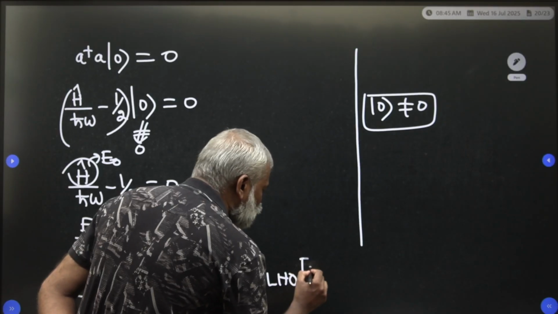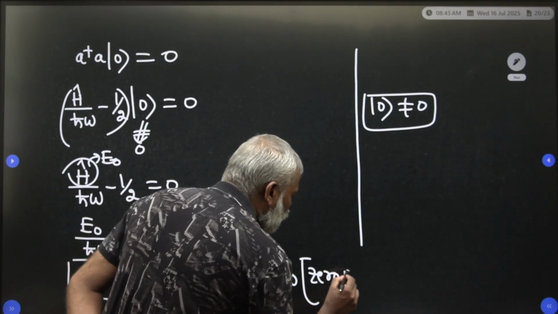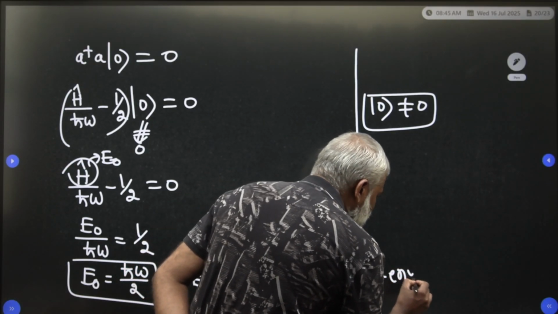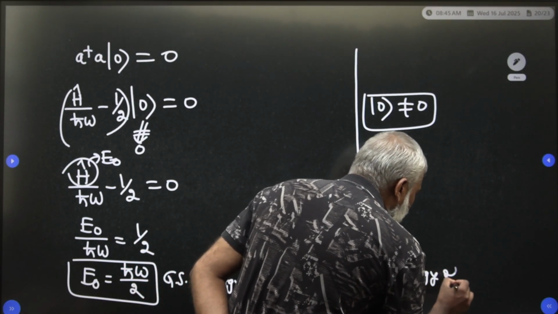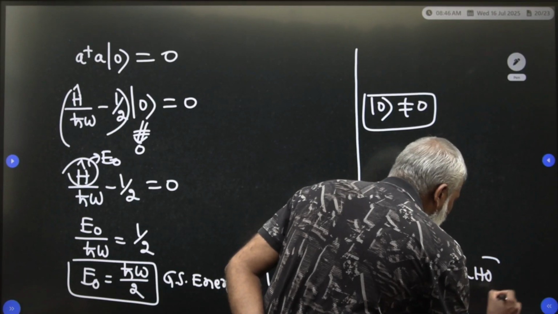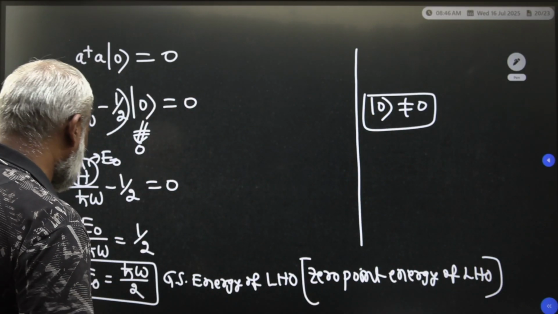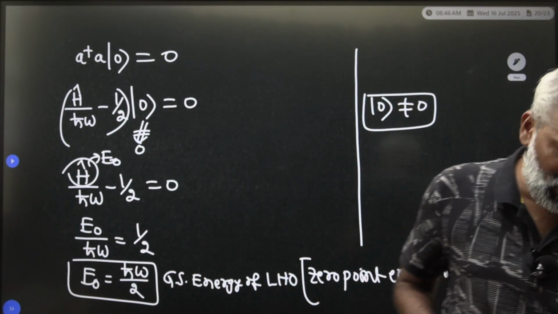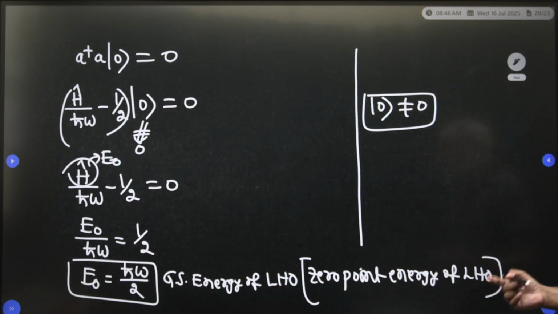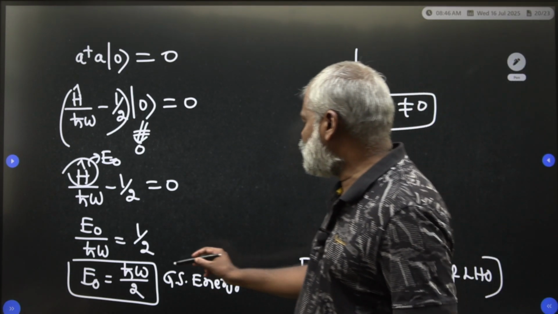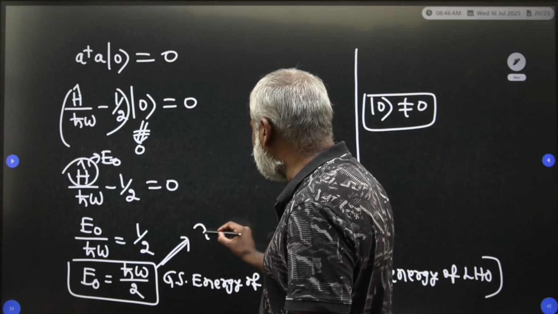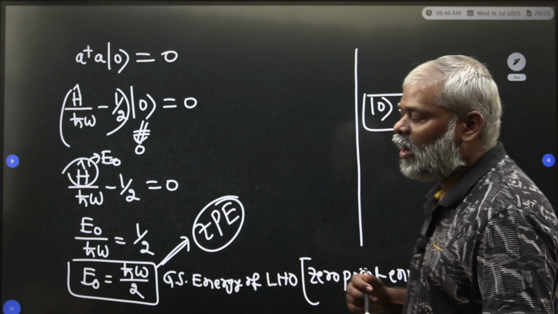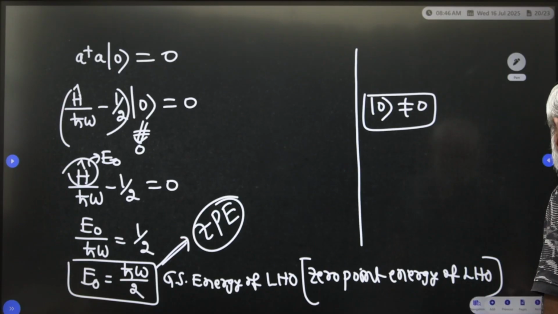This energy we also call the zero point energy of the linear harmonic oscillator, ground state energy or zero point energy. Zero point energy means ZPE, the ZPE of a linear harmonic oscillator, clear.